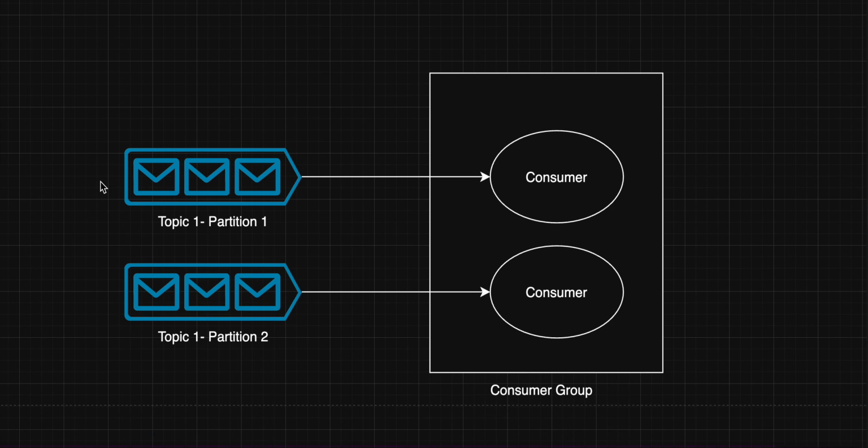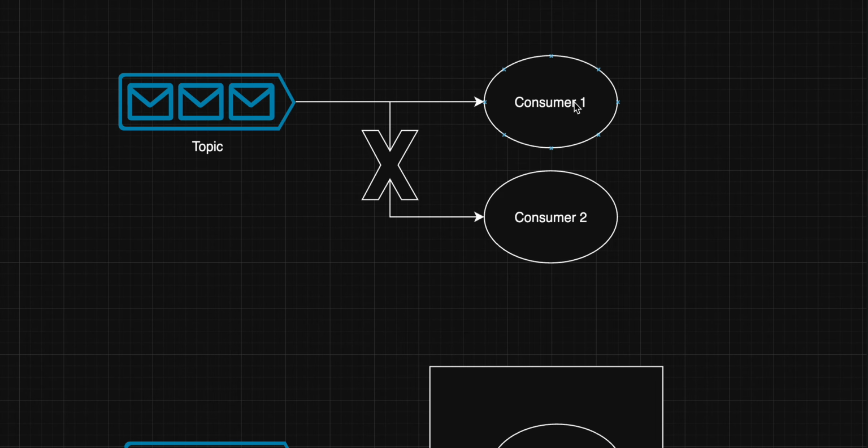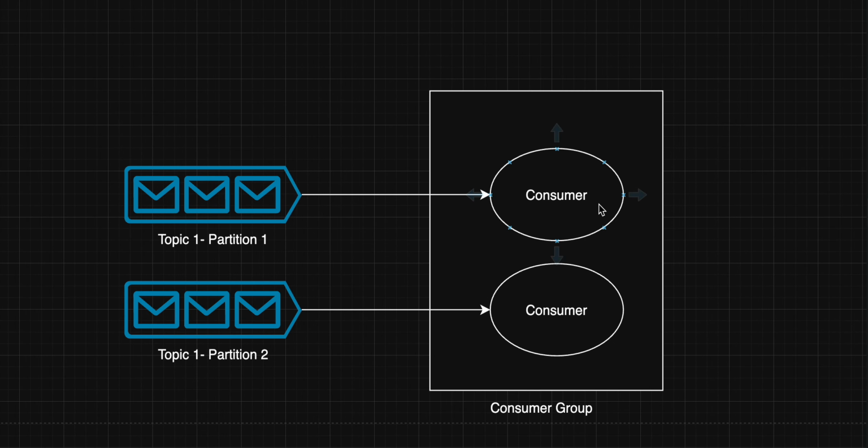So what we did was create multiple instances of the consumer, and these instances started consuming from different partitions. Now if there are 1 million messages, half a million will be in partition one, half a million in partition two, and this consumer will consume half of that million and another will consume the other half. Like this, we can scale it further. We can create more partitions and more consumers.